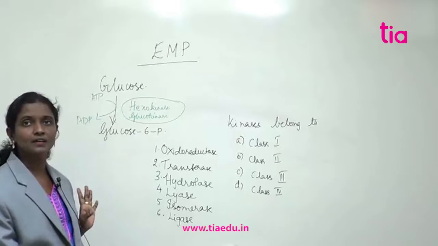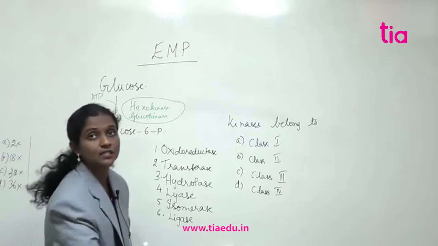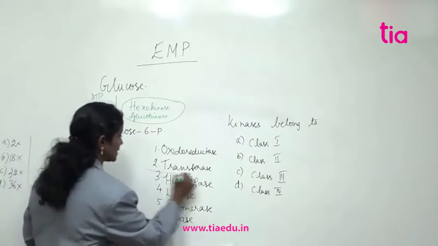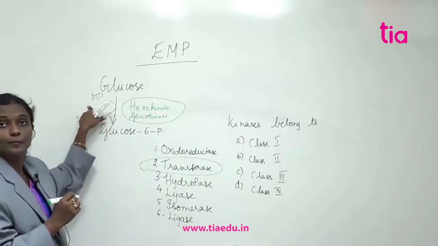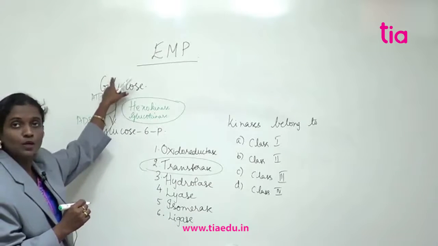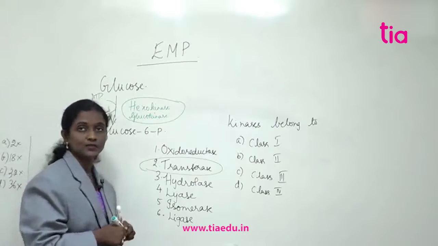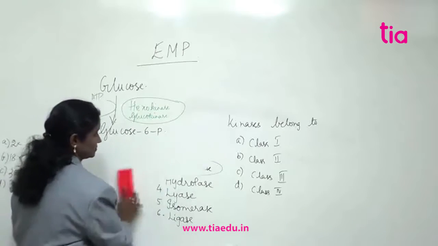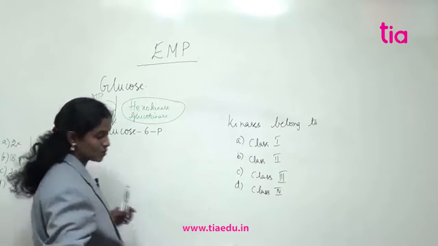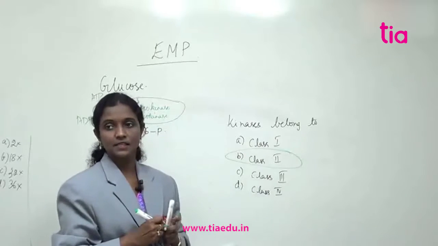So it should be a transferase, because it transfers the phosphorus group present in ATP to glucose to make glucose 6-phosphate. Hence it is a transferase. So the answer is class 2 enzyme.